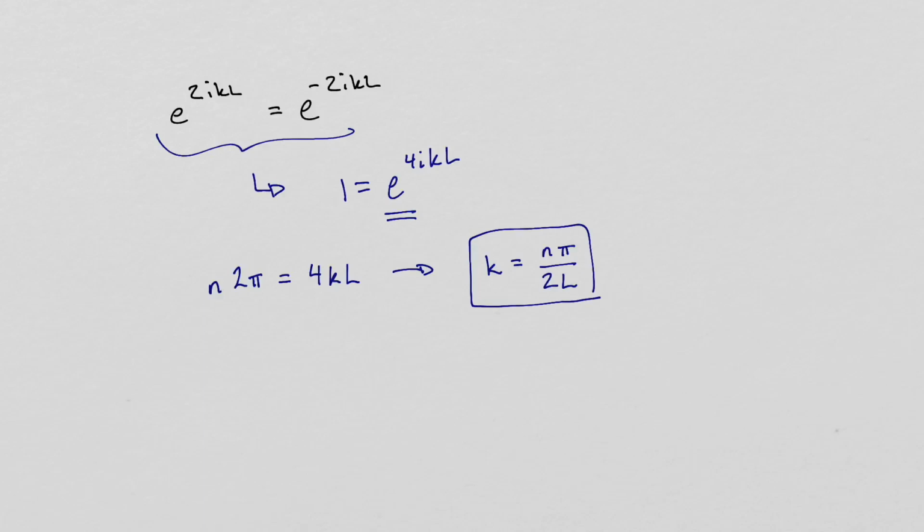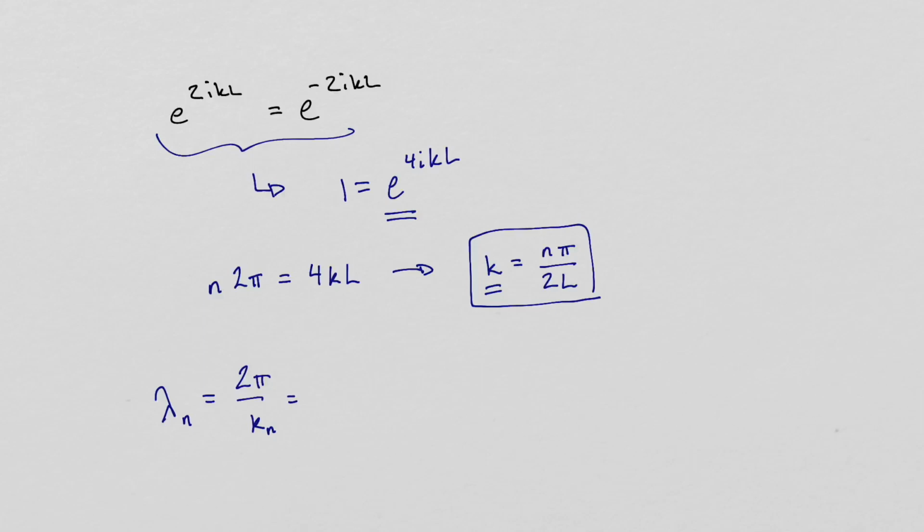right? And exactly what we found here is a quantization condition. I have found that k now has to be some integer multiple of pi over 2L. And just to show you how much you probably already knew this, if we remember that lambda, and so let me now say the nth lambda, so the nth wavelength, which is 2 pi over k.